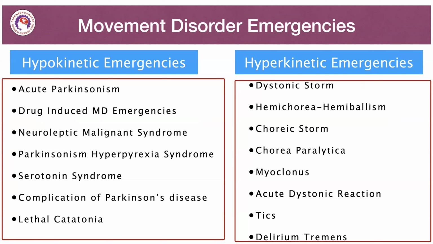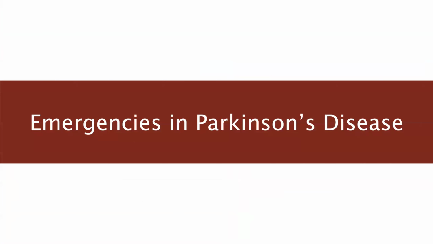In hyperkinetic emergencies, we have dystonic storm, chorea ballismus, chorea storm, chorea paralytica, myoclonus, acute dystonic reactions, tics, delirium tremens, etc. We are going to talk about each of them, covering some briefly and some in slightly more detail.